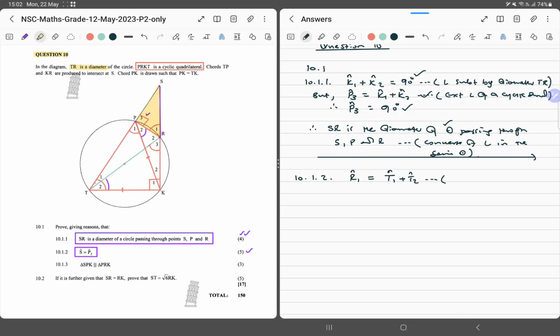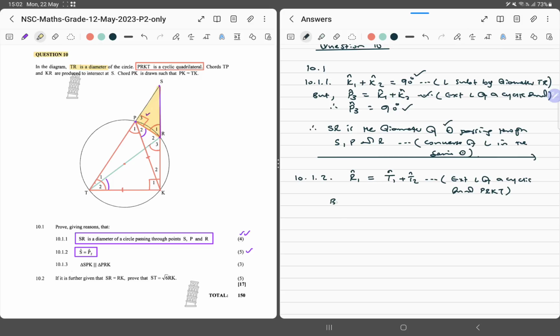What is the story there? This is an exterior angle of a cyclic quad. We can name it. It was PRKT. Okay? Not a problem. That we know.